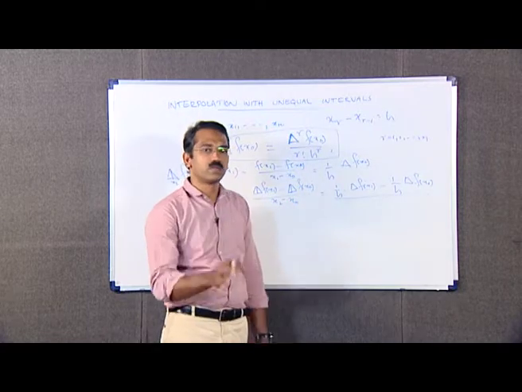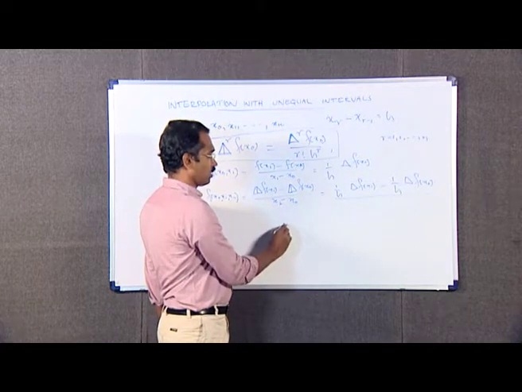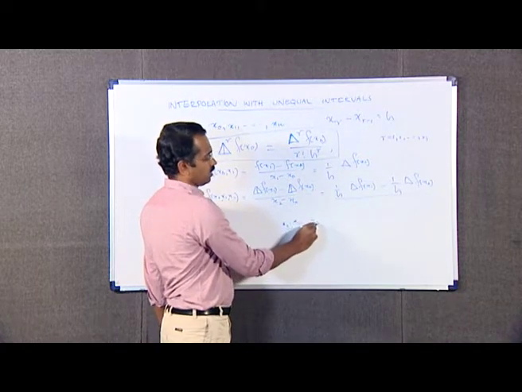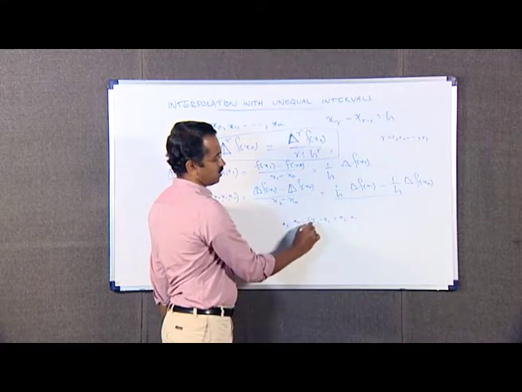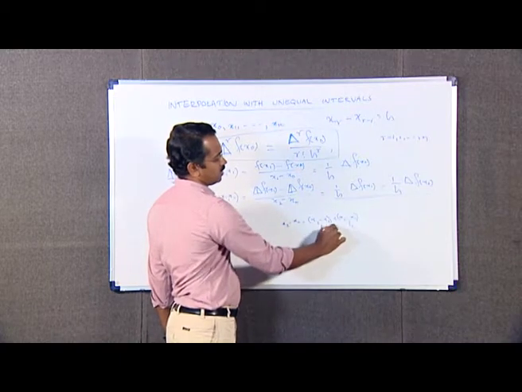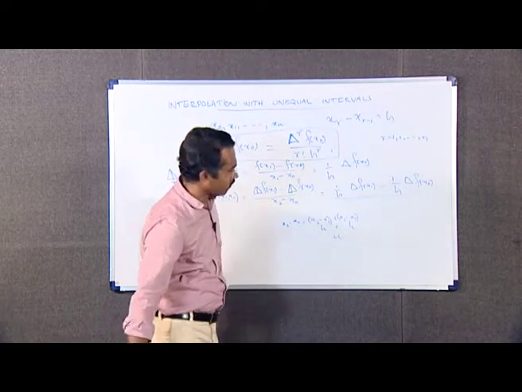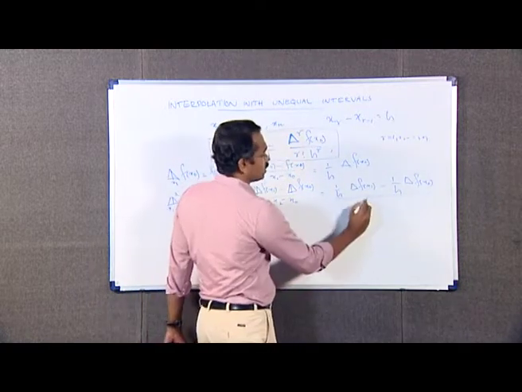Here all the arguments are equally spaced. Therefore, x2 minus x0 can be written as x2 minus x1 plus x1 minus x0. This x2 minus x1 is h, this also h, that is h plus h is 2h. Therefore, x2 minus x0 is equal to 2h.